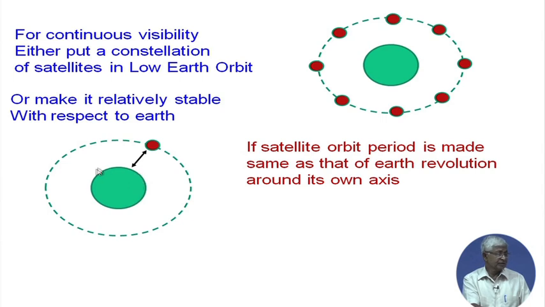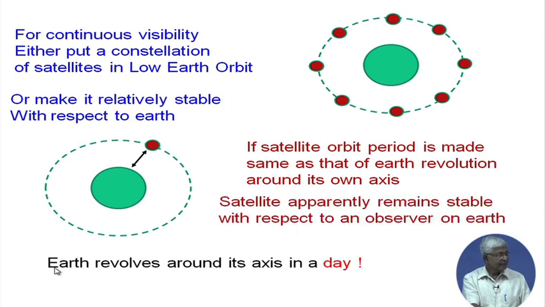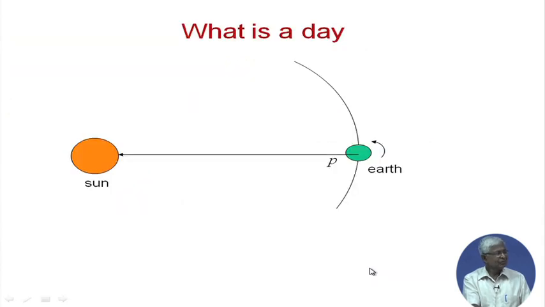And how much time does the Earth take to complete one rotation on its own axis? Earth revolves around its axis in a day, right? Now what is a day?